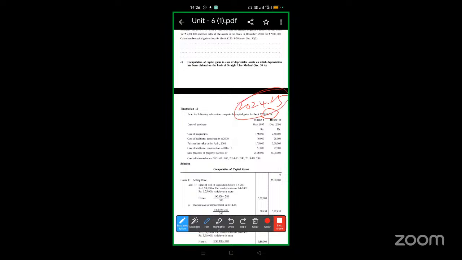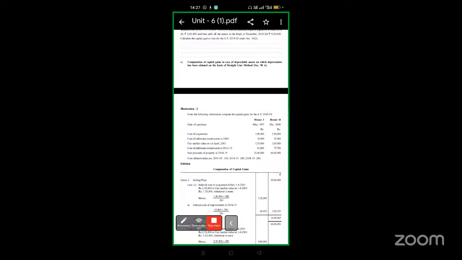We have house 1 and house 2, and the date of purchase, the given cost of acquisition, cost of additional construction, fair market value as of 1st April 2001, cost of additional construction in 2014-15, sale proceeds of the property in 2018-19, and the cost inflation index for the given periods.